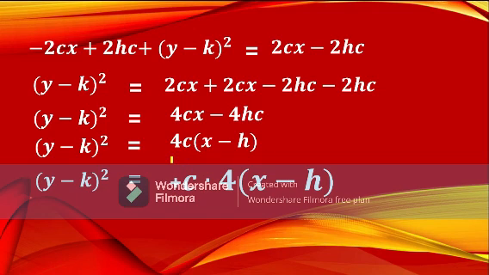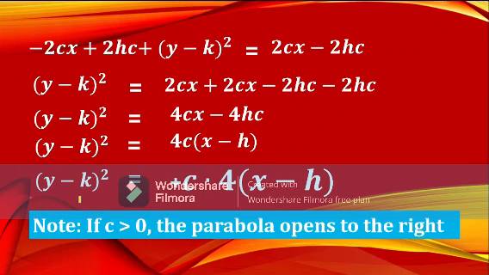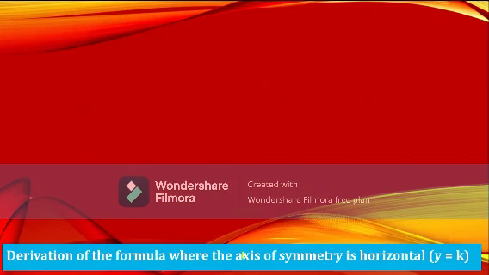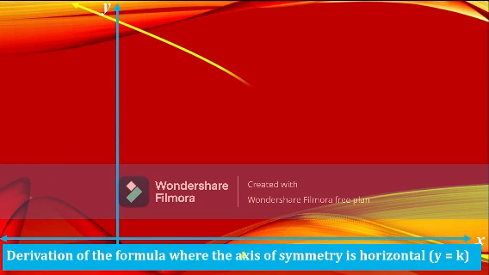Since it's 4c, automatically our c is positive. So note, if c is greater than 0, the parabola opens to the right. So that is the derivation of the formula where the axis of symmetry is horizontal, y is equal to k.